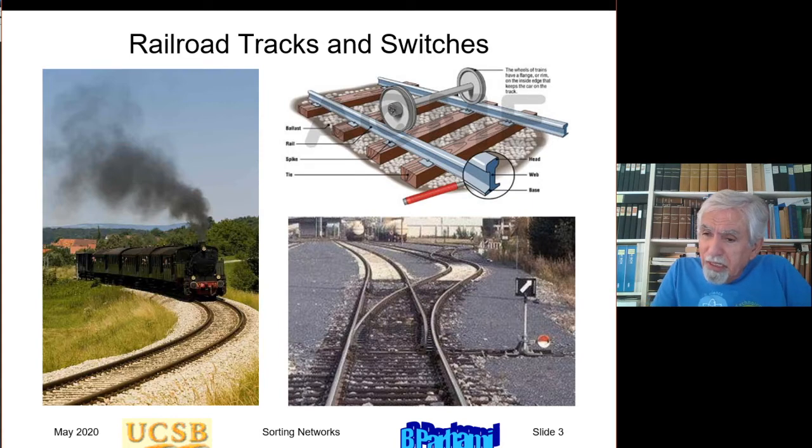So here you see in this diagram that as a train approaches this branching point, this Y point, the train operator would see this arrow that says if you go further from this point, your train will go in this direction, will go on this side track. So typically this may be the main track.